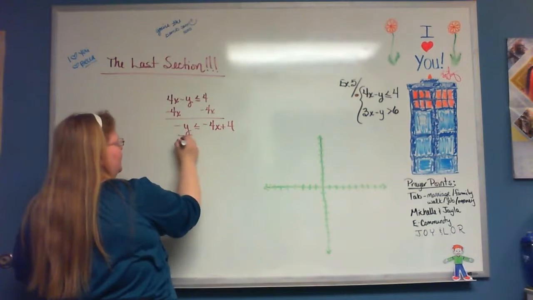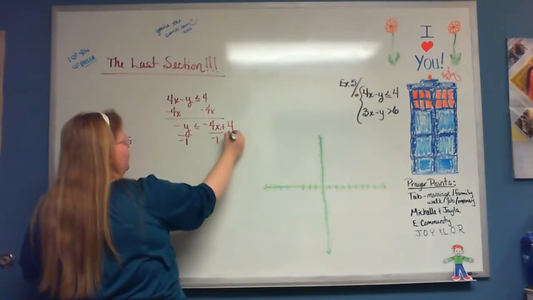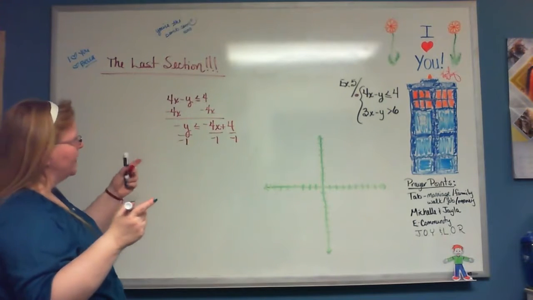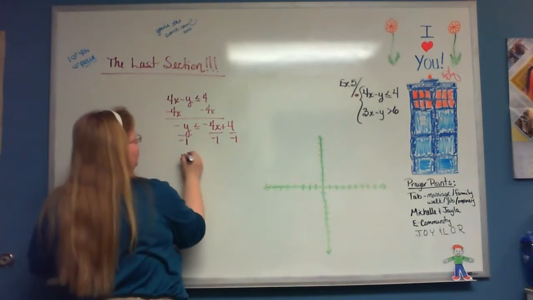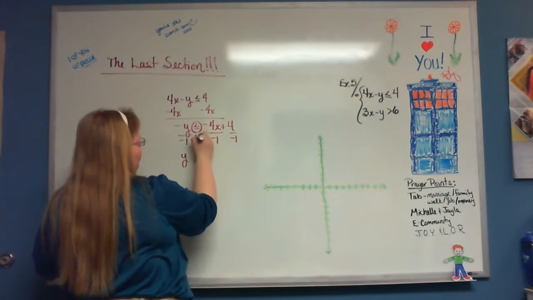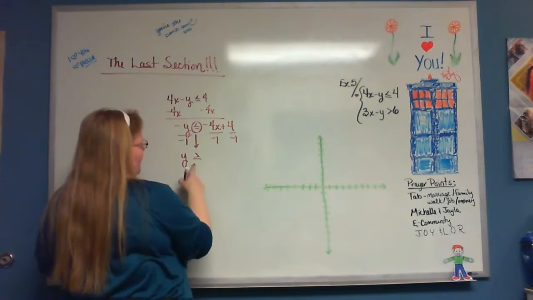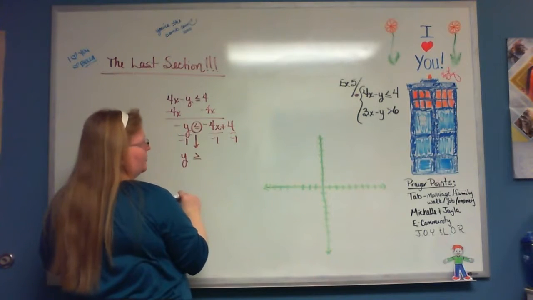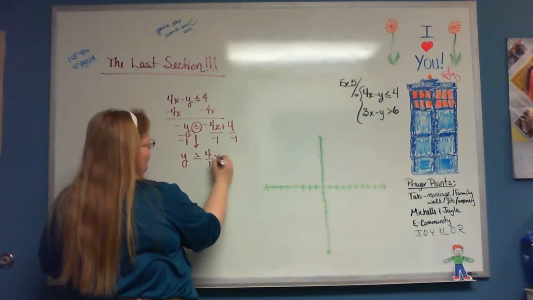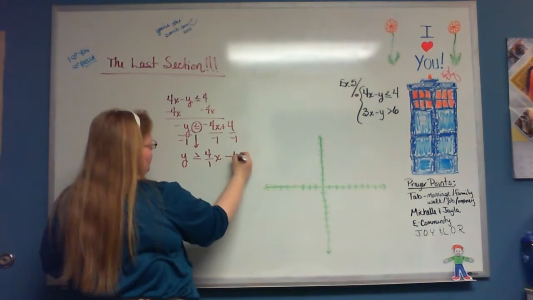Then I have to divide everything by negative 1. Don't forget with inequalities, when you divide by a negative, that means you have to flip the sign over. So now it becomes a greater than or equal to sign. It's a positive 4 over 1x minus 4.